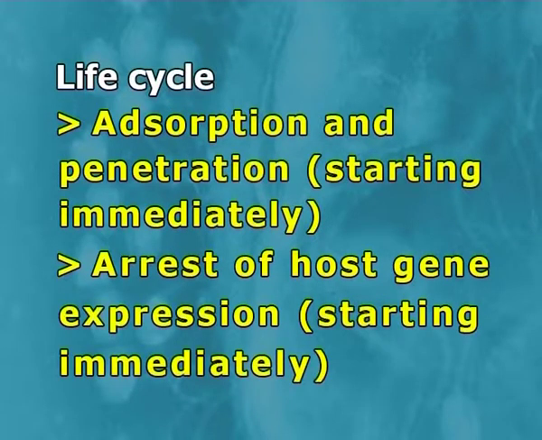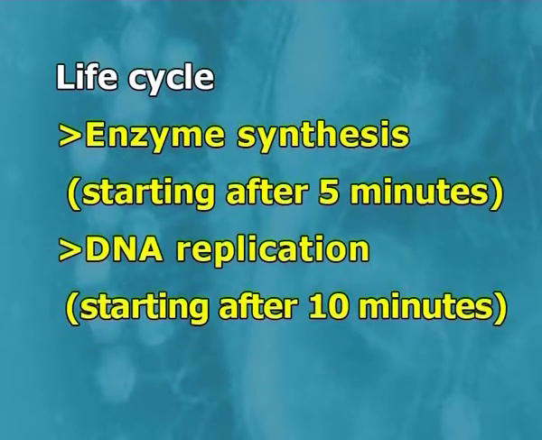Adsorption and penetration start almost immediately, followed by arrest of host gene expression, which also starts immediately. Enzyme synthesis is the next step and takes about 5 minutes, followed by DNA replication, which starts after 10 minutes. The next stage is the formation of the new virus particle, which starts after 12 minutes.